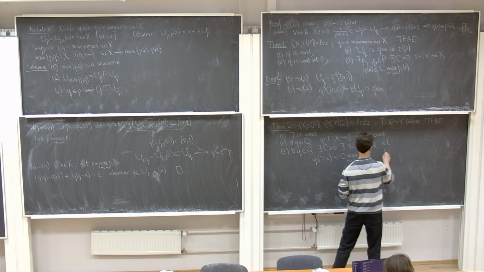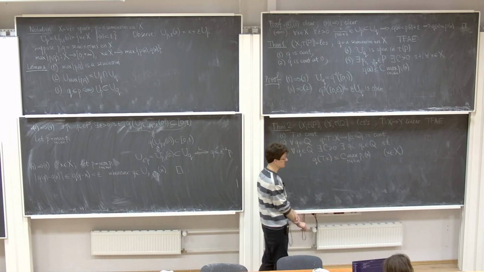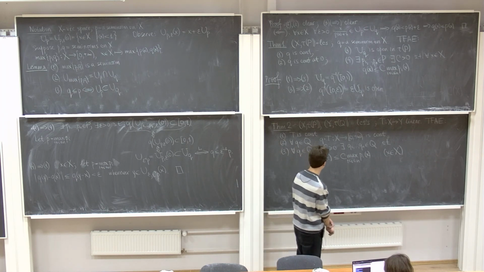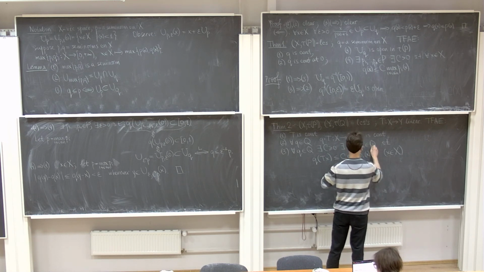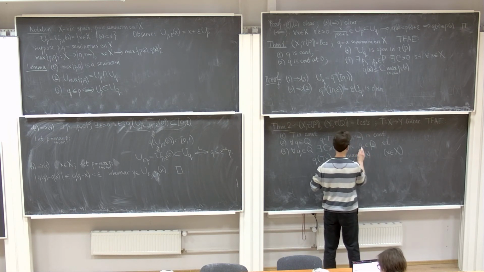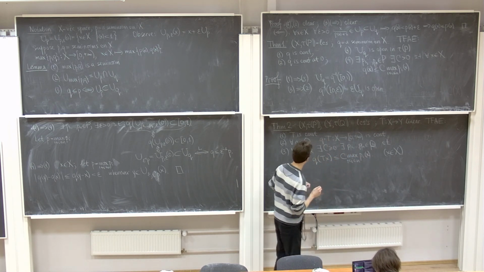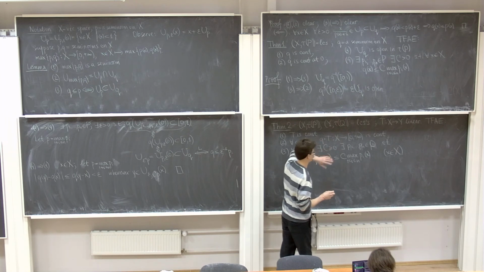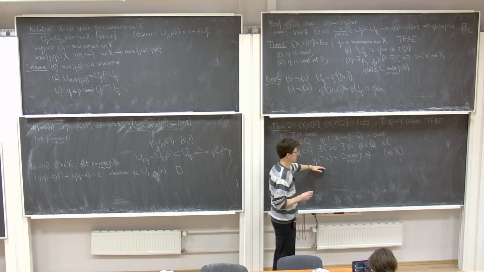And this holds for all x in our space. Let's call them P1 to Pn, because they are from big P. So for each seminorm from here, there exist finitely many seminorms from here, and a constant such that this inequality holds.